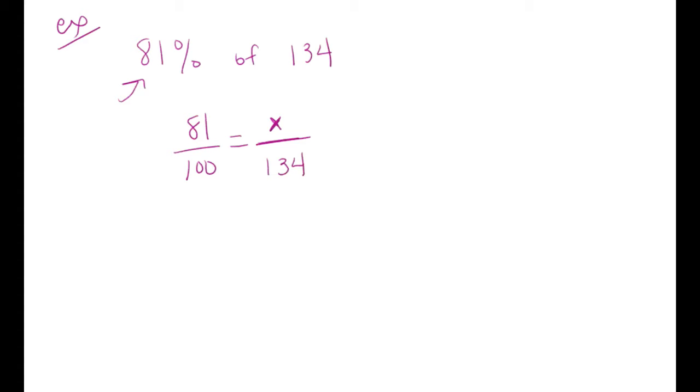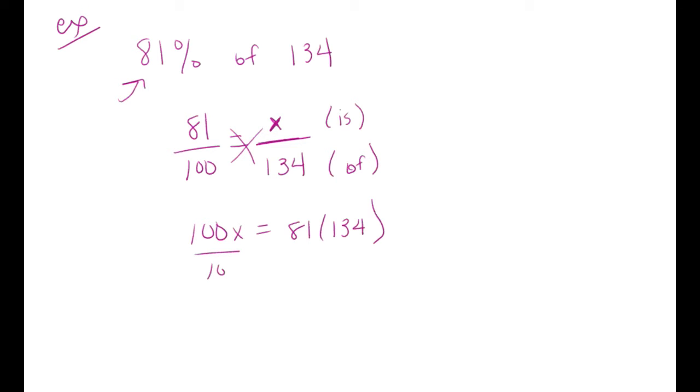Of 134 is going to go down below, because on top was is, of a number, and the bottom is of, a number. Once we've correctly set up this equation, we can utilize the skill from the previous section and cross multiply here. So we'll get 100x equals 81 times 134.